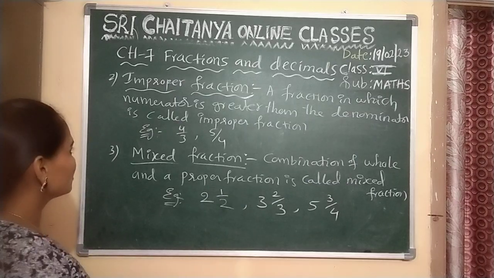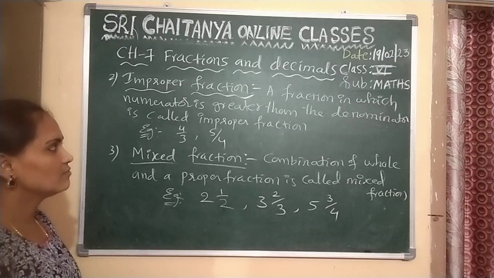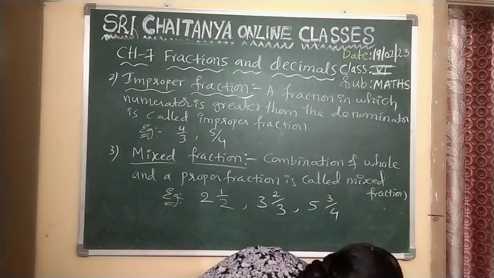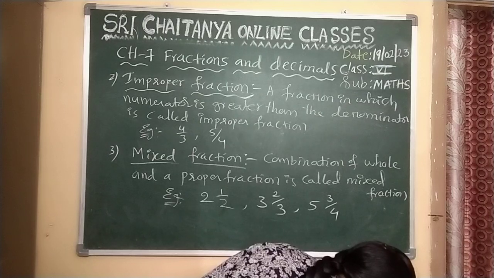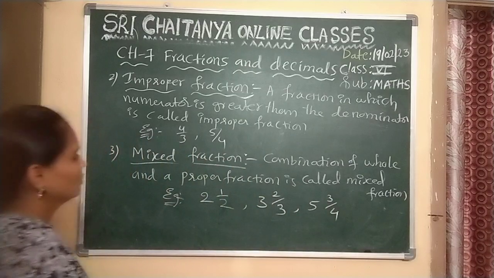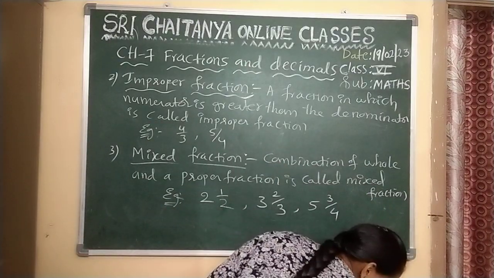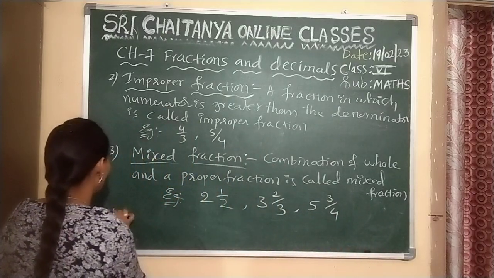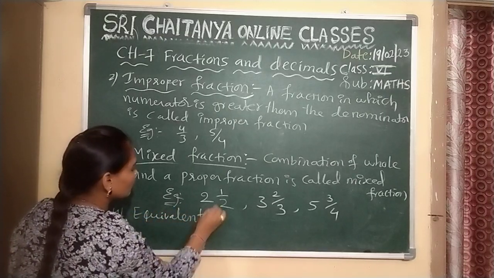Now according to your syllabus, one more definition is there, that is equivalent fraction. Equivalent fraction means very simple. Here you take one fraction and multiply with any constant.